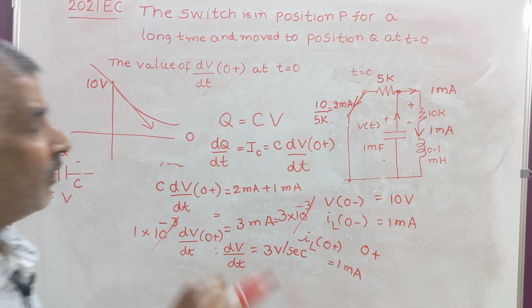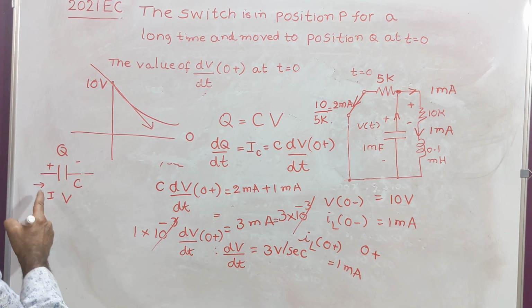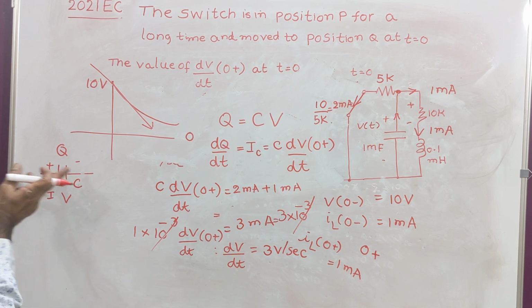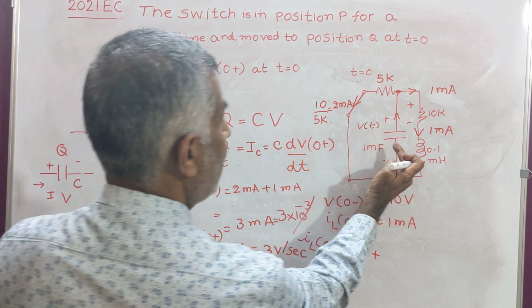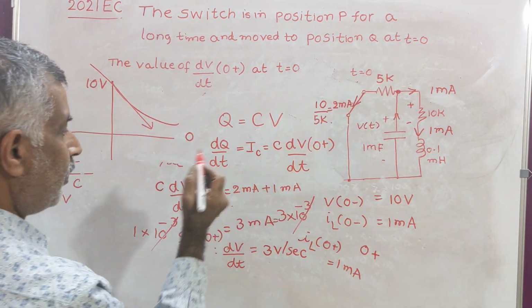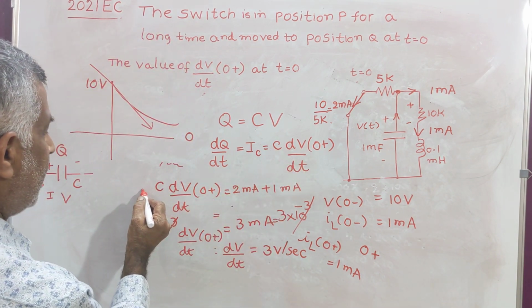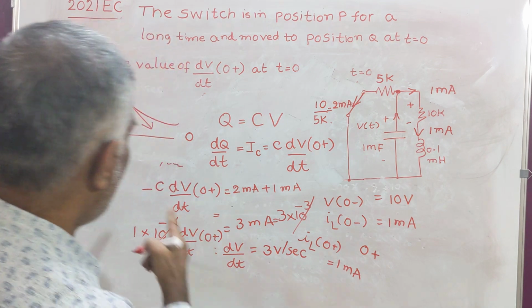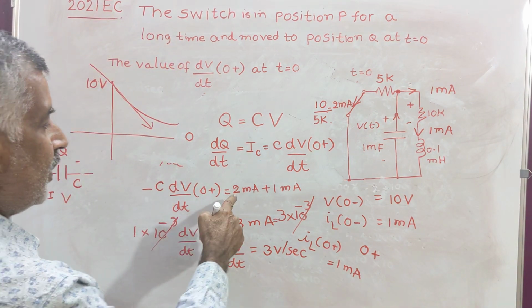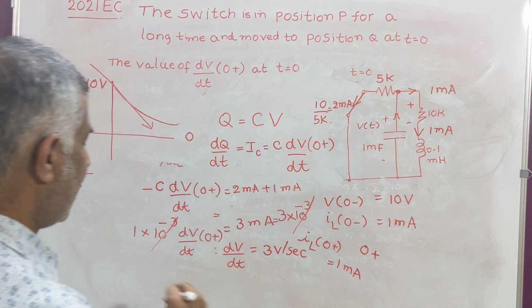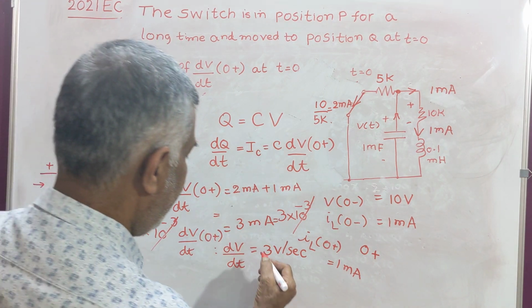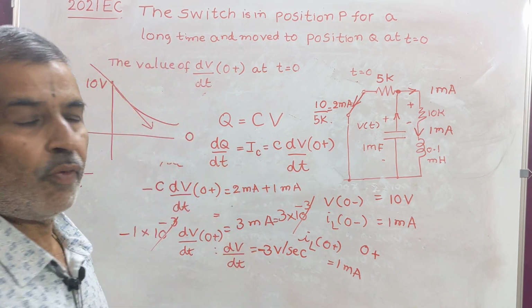One mistake I have made. So Q equals CV, and current is going like this. If current is going in the opposite direction, please take a minus sign here. So minus C dV by dt is equal to 2 milliamps plus 1 milliamp. Therefore it is minus 3 volts per second.